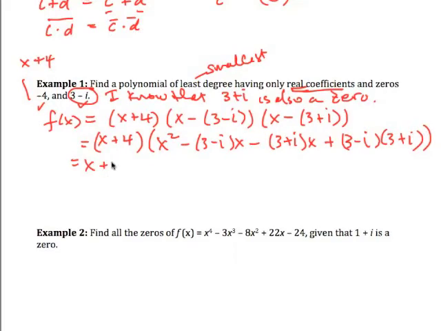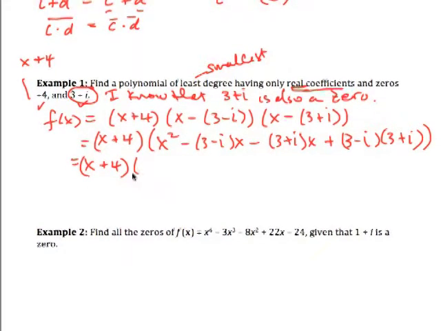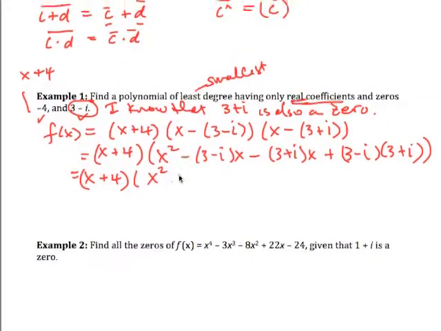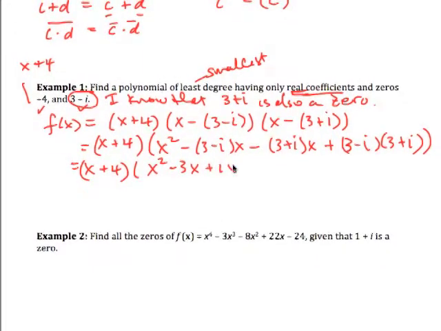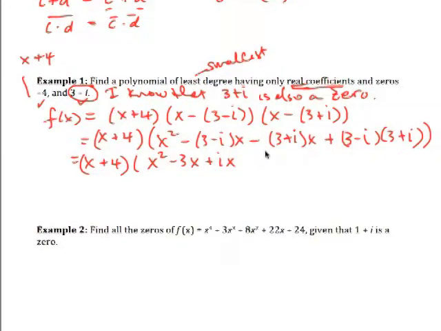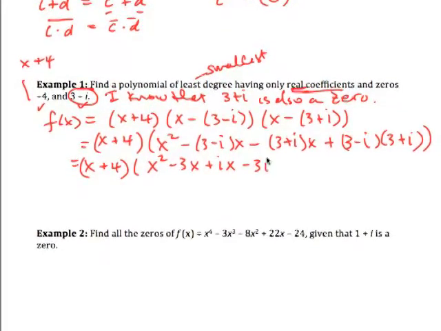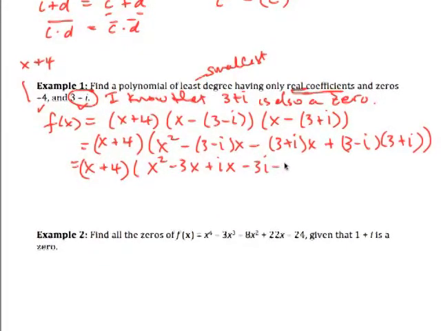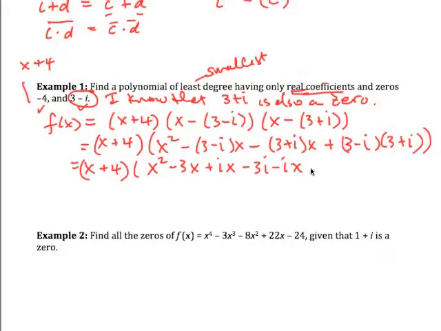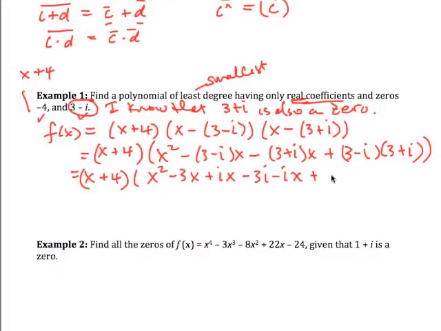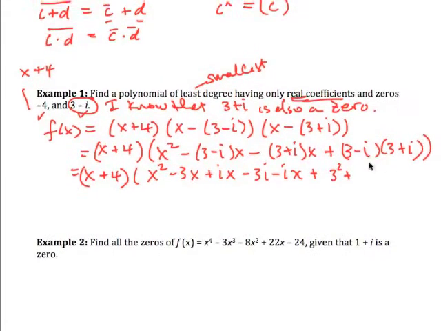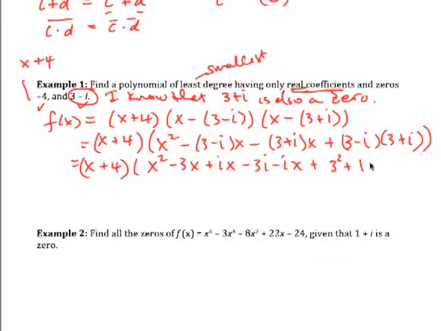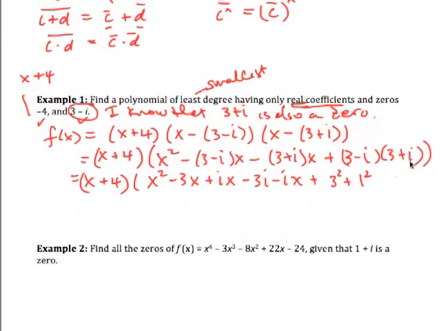So this will be x plus 4 times x squared. Now notice we have a negative 3x plus an ix, minus a 3x again, minus an ix this time, plus, and when we do the product of conjugates, I'm going to get 3 squared plus 1 squared, because there's 1 in front of the i's.